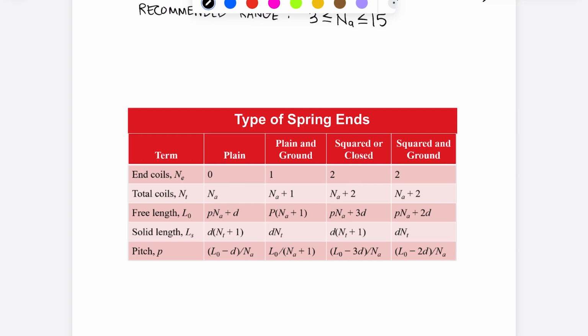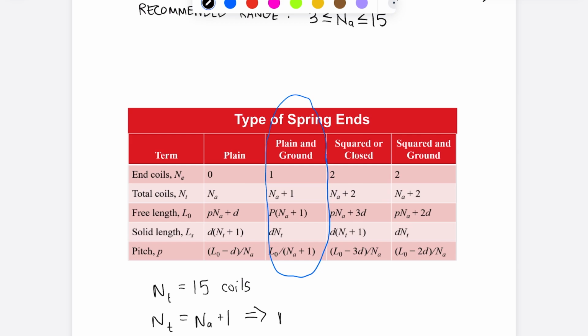So, for example, if I count that my spring has 15 total coils, and we have the same type of spring end as pictured above, so we have the plain and ground ends, then to find my number of active coils, I can use the equation in that second line there, which says that the total number of coils is equal to the number of active coils plus 1, which means that the number of active coils is 15 minus 1, or 14 coils.